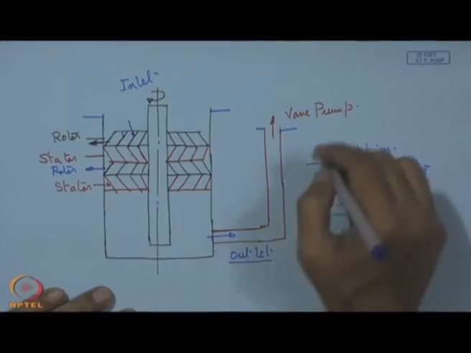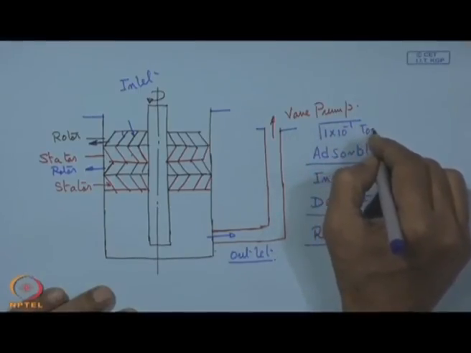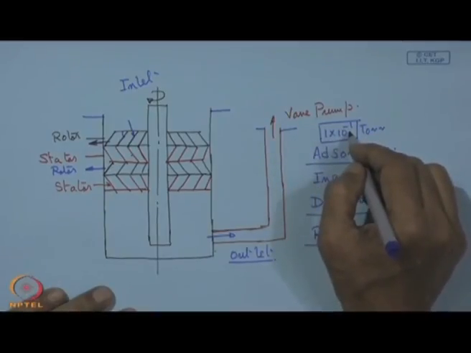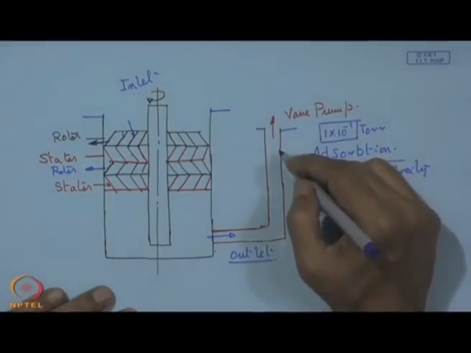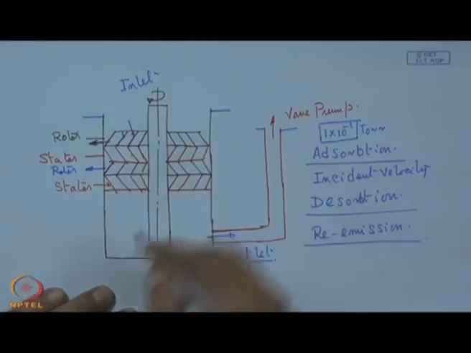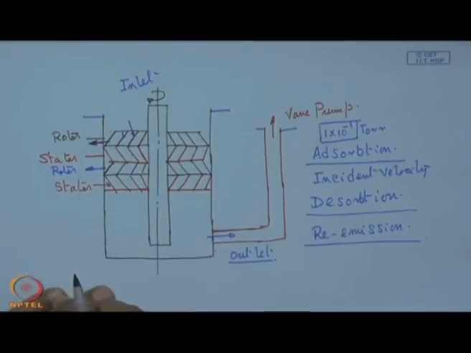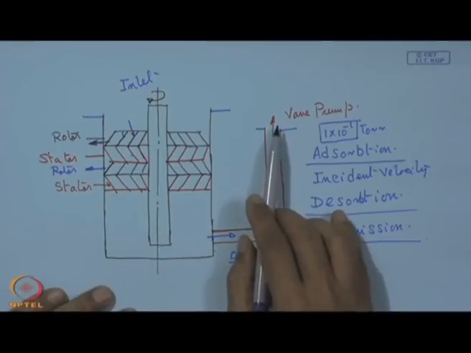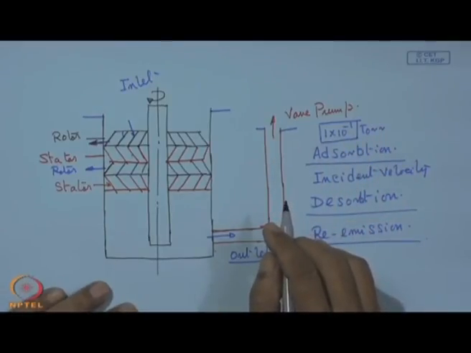That means, if it lifts at a pressure of 10 to the power minus 1 torr, which is below atmosphere, then from this residual pressure it will raise the pressure up to the atmosphere, so that the remaining gas molecules which are evacuated from this vacuum chamber will be pushed through this tube, and through the vane pump it will be thrown to the atmosphere. So, the basic principle is like this.